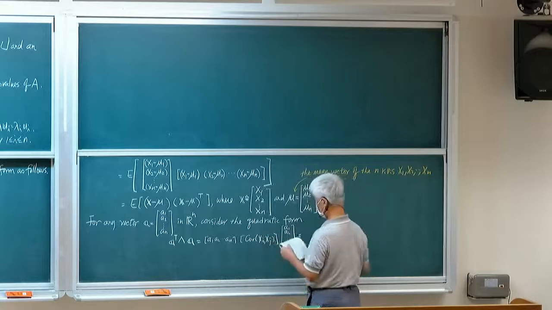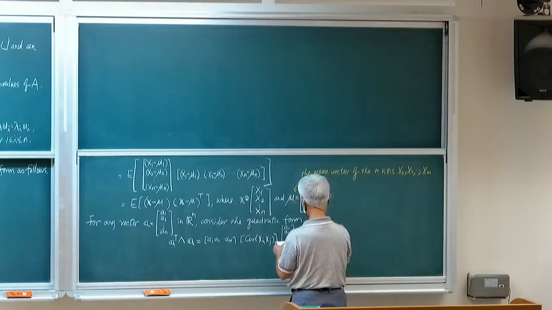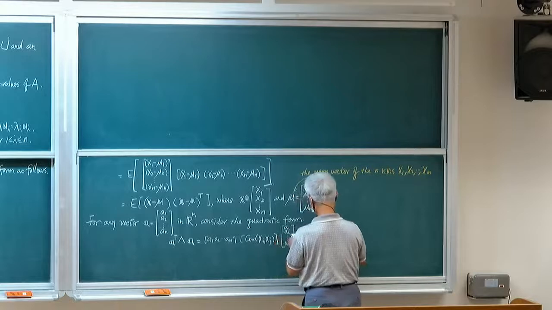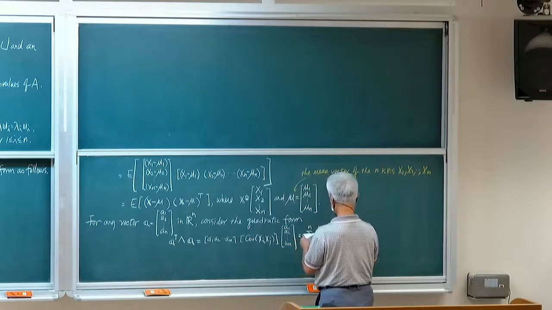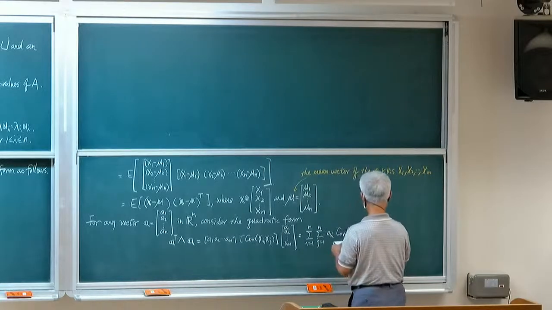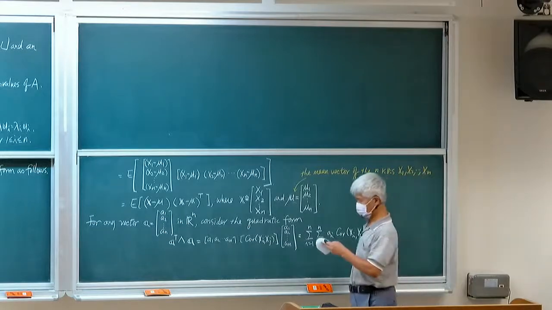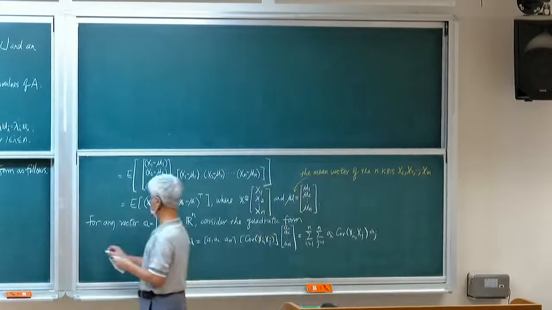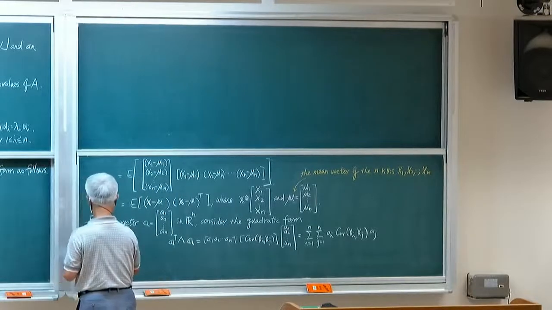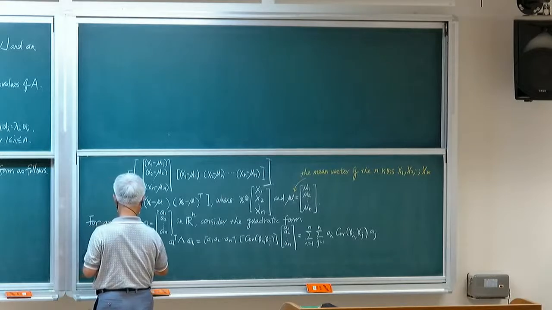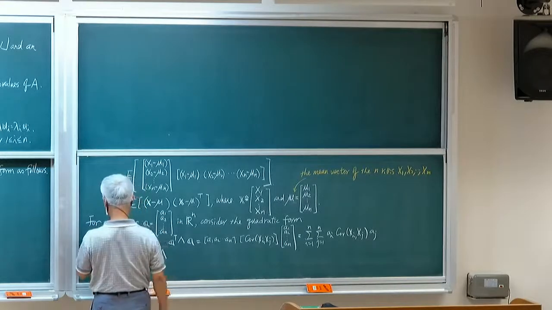When you expand the product, this is the sum over i and j from 1 to n of a_i times the covariance of x_i, x_j times a_j. That is the quadratic form of the covariance matrix Lambda.